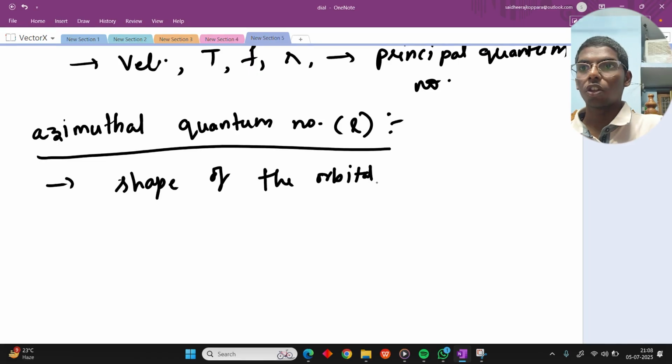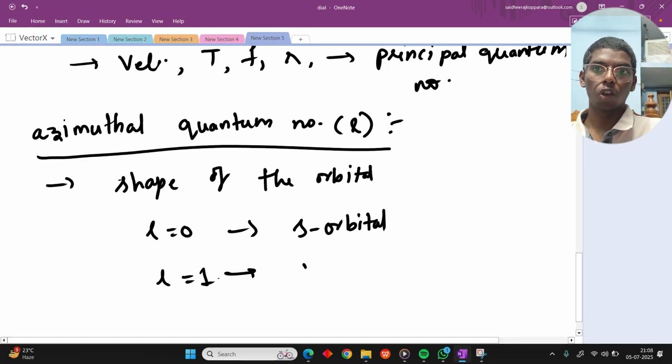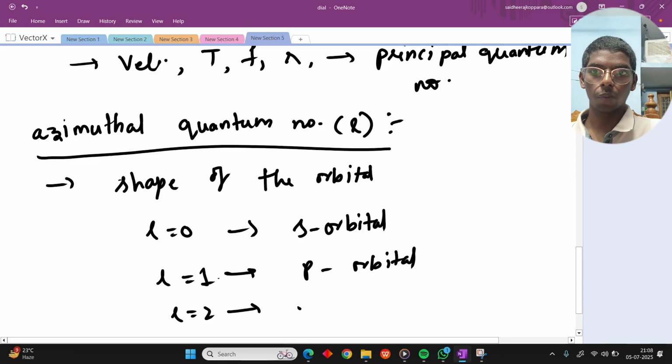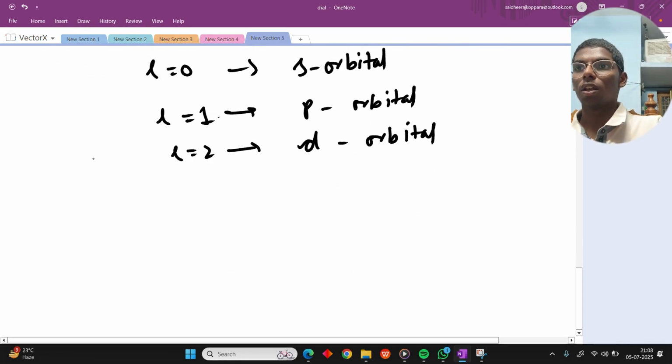So l equals 0 gives your s orbital, l equals 1 is the p orbital, l equals 2 is your d orbital, and l equals 3 is your f orbital.